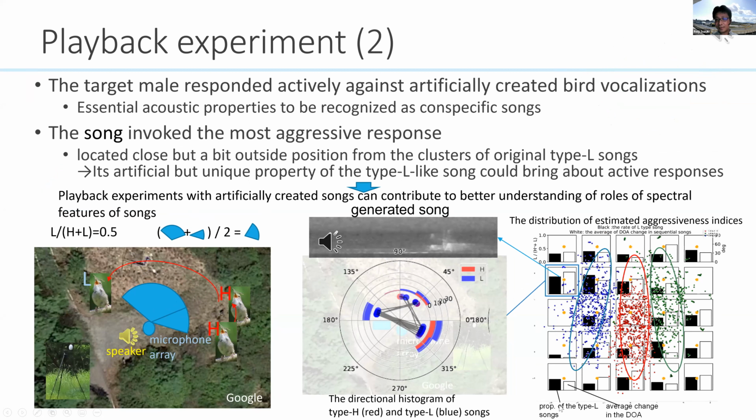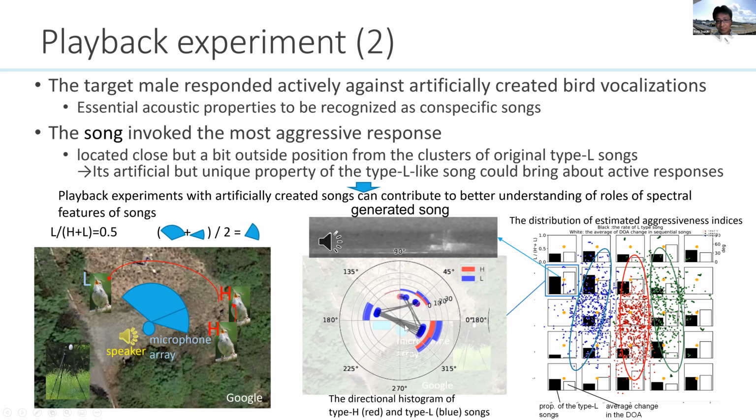This is the distribution of the estimated aggressiveness indices in each trial with a different artificially created sound. This is the proportion of type L songs, and this is the average change in the degree of arrival of the sound source. And this is a directional histogram of the actual behavior of the individual in the experiment.